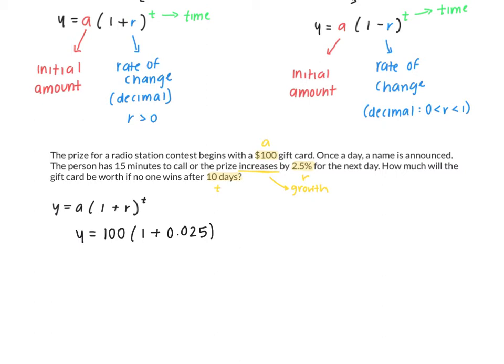And then t is 10. So now that we've filled in all of our variables, we can go ahead and solve. This is going to work the same way as order of operations. So the first thing that we want to do is handle what's in the parentheses. We're going to add 1 and 0.025 together, giving us 1.025.